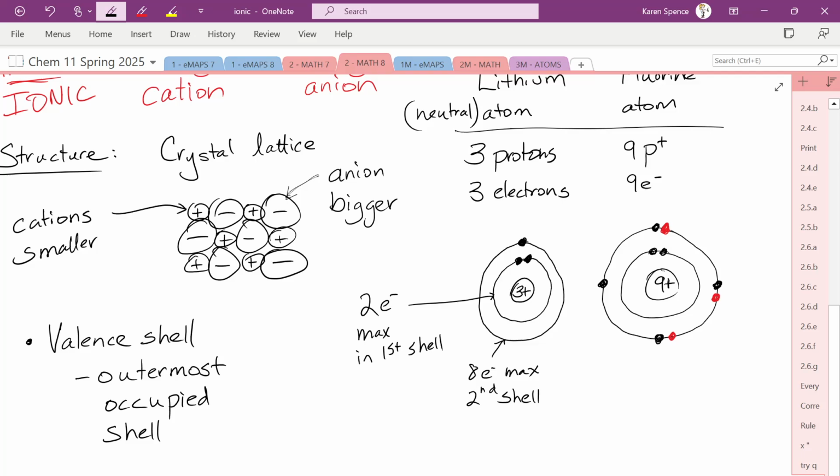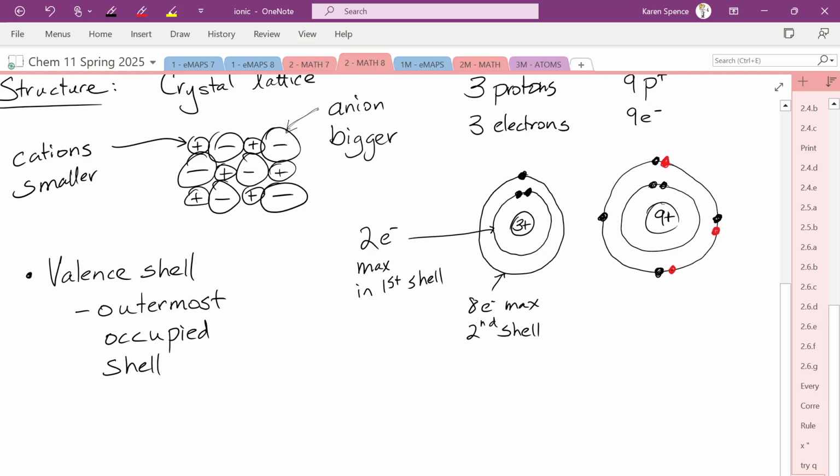What do you know about a full valence shell? Full valence shells are very stable.